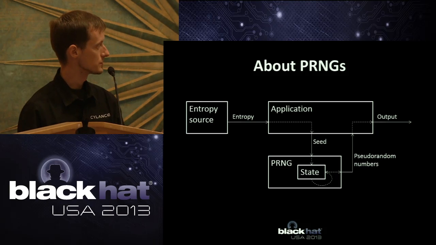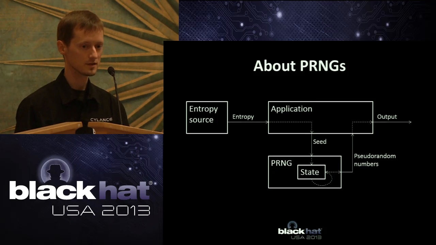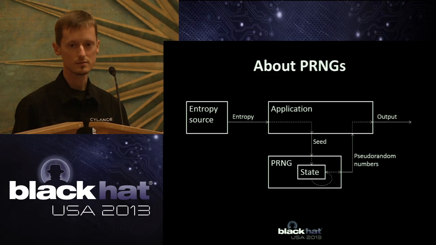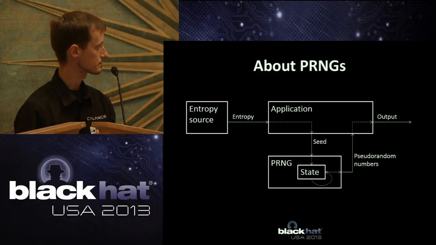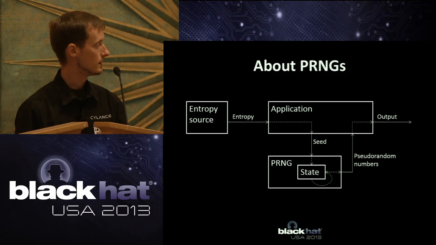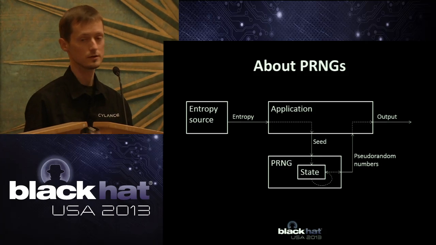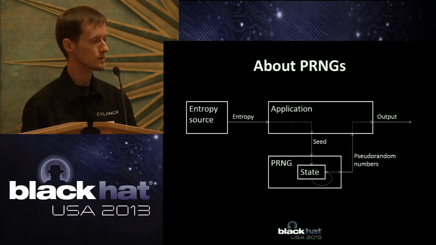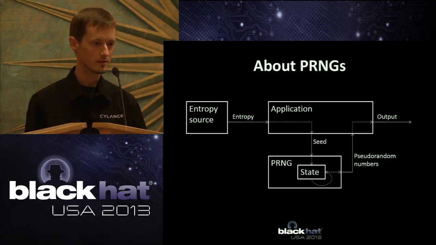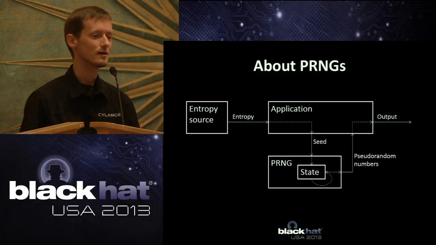So we've got our entropy. The application takes it and transforms it into a seed. The seed is fed to the PRNG to initialize it, maybe once, maybe periodically, maybe once per thread. In PRNGs where the state is no bigger than the seed, say they're both 32 bits, the seed is often just plugged in directly as the state. It might be tweaked a tiny bit.